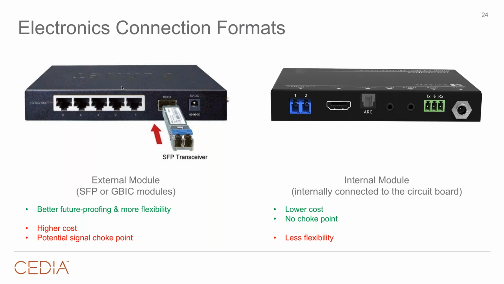Those SFP modules, if they max out at 10 gig, that means I have a potential choke point in line, meaning that these boxes need to be smart enough to compress the signals. So when we use an SFP module to transmit our HDMI signals or DVI signals or USB signals, whatever high bandwidth signal we have, we have to be able to compress that signal to get it to go through the SFP module.